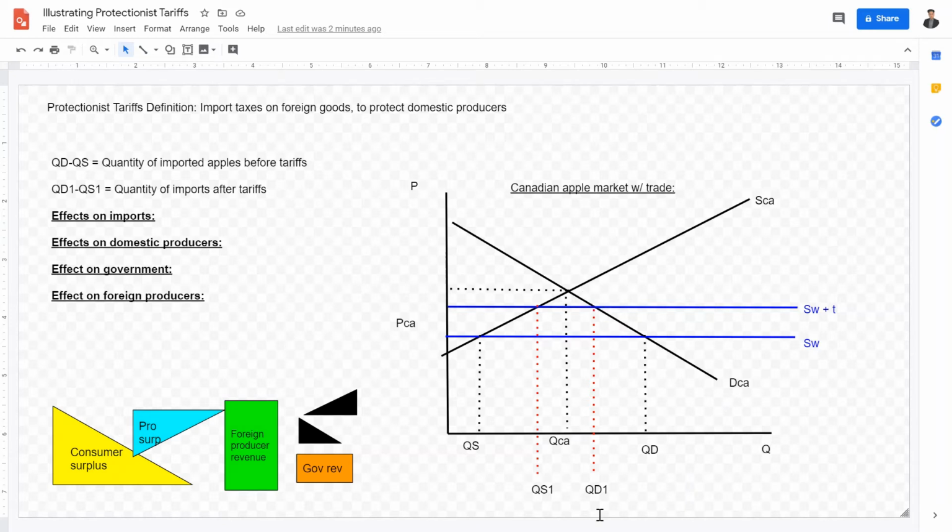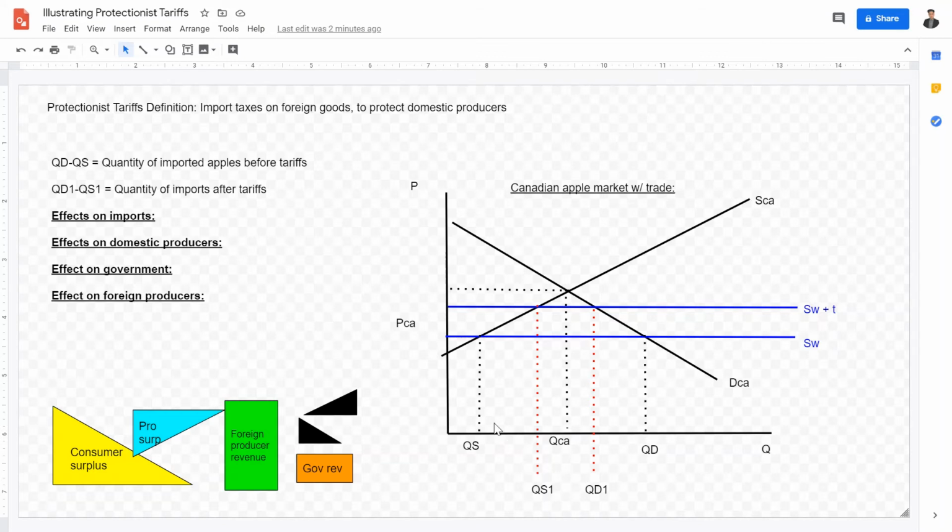These two intersections we draw down and link to the x-axis, which will give us QD1 and QS1. So this is the quantity demanded and quantity supplied after a protectionist tariff is enacted. This box right here between QD1 and QS1 is now the new imported quantity of apples.